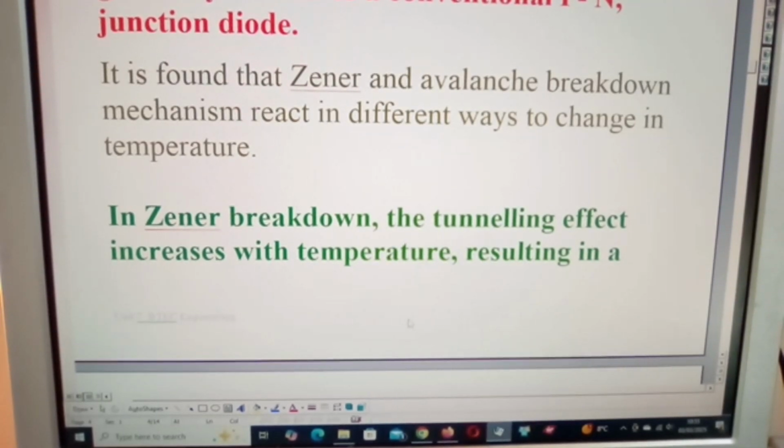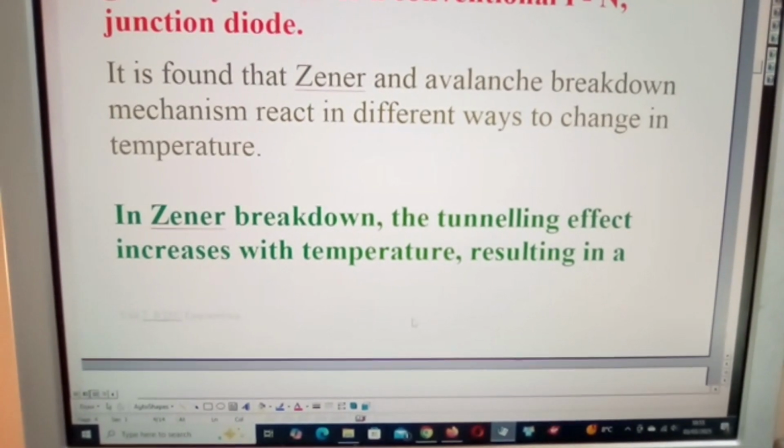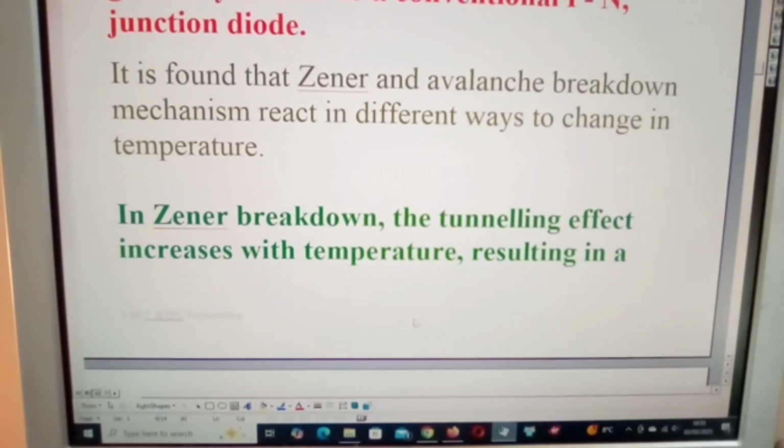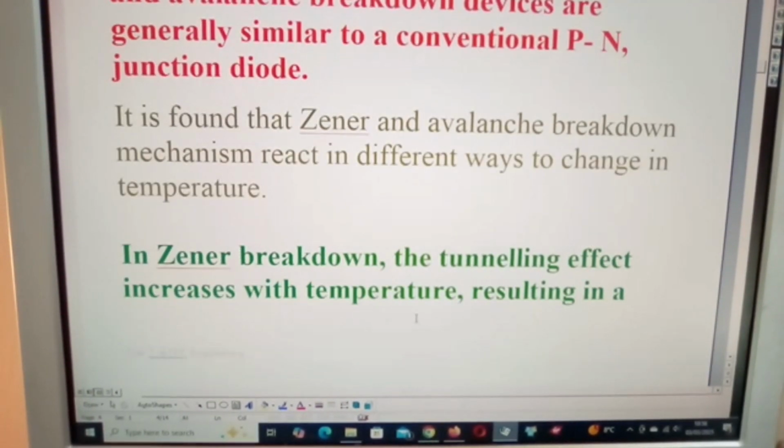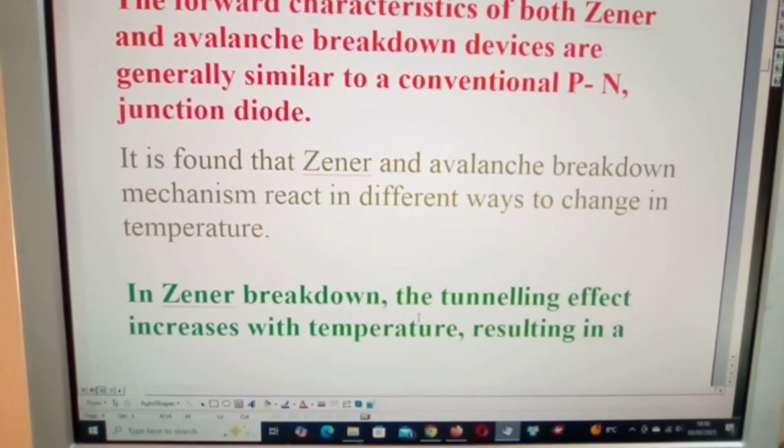Right, this is Zener diode lesson 1. Let me just take it back up to the top, make sure that I've got everything in place.